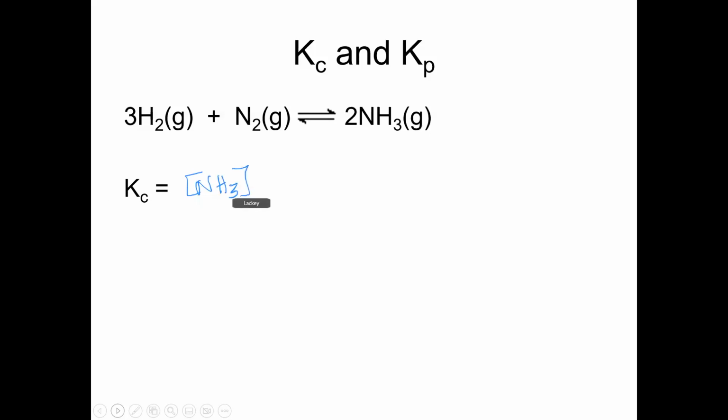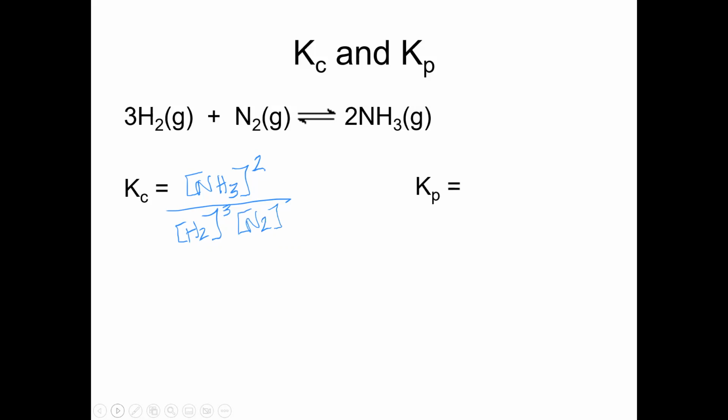And remember, there's a coefficient of 2, so that would be squared, divided by the hydrogen. That would be cubed because there's a coefficient of 3. And that would be multiplied by the nitrogen concentration with no exponent. So that was what we were using as the expression for KC, using concentration.